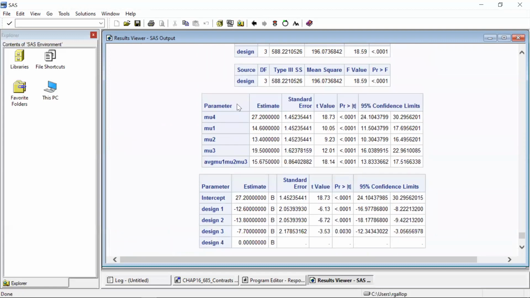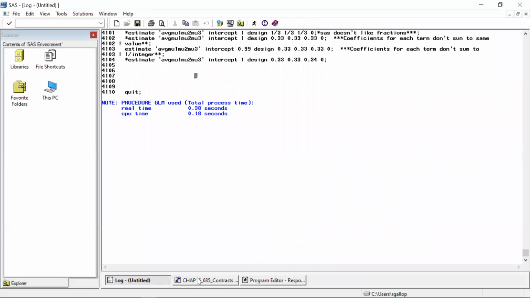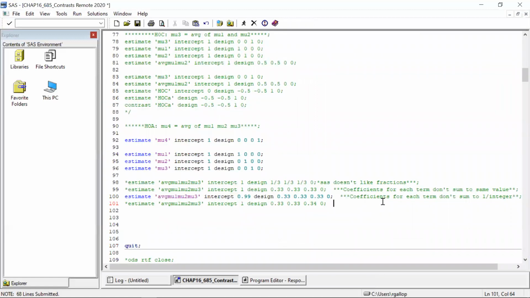The only thing here is SAS now has the estimate statements up here. So there's the estimate statement, 15.675. The problem with this is, okay, everything is to the same value.